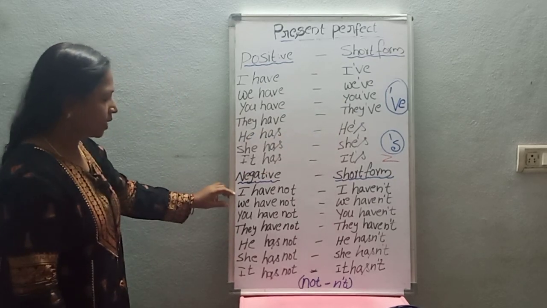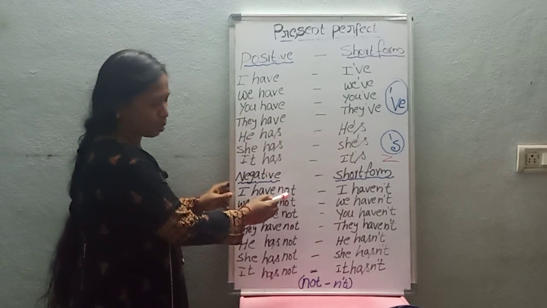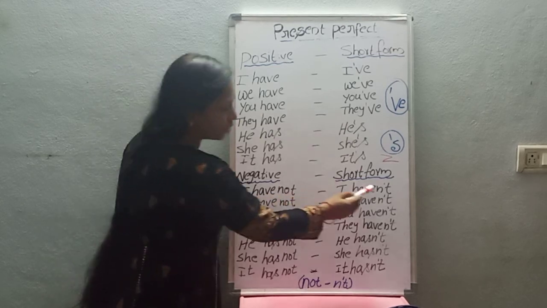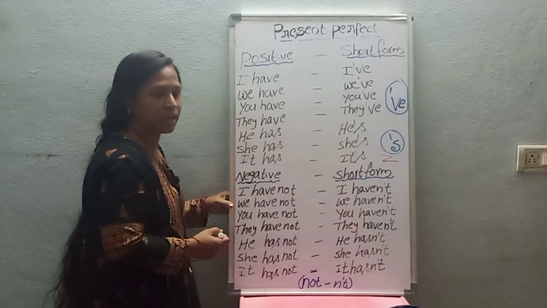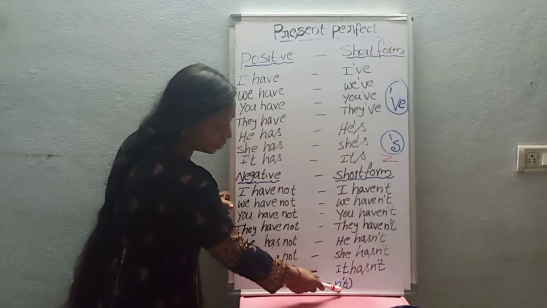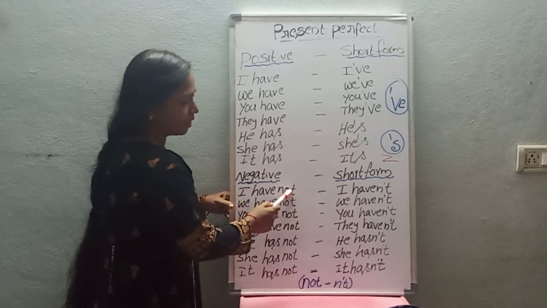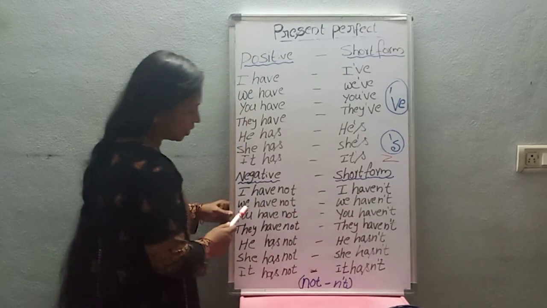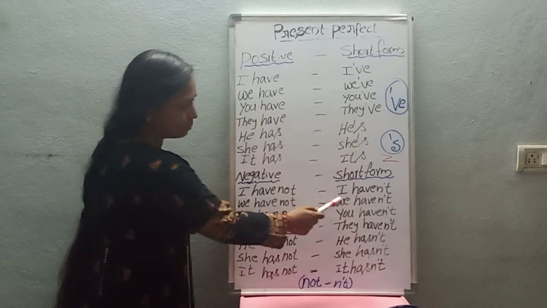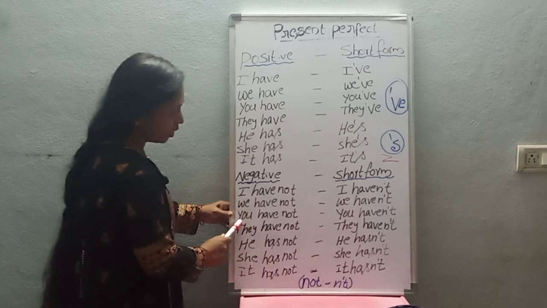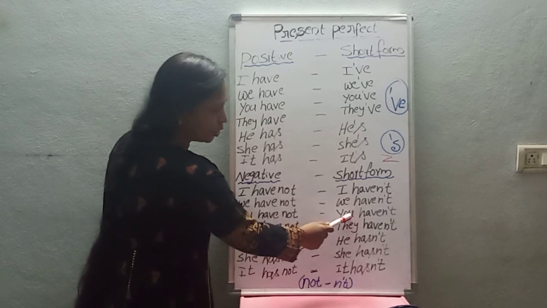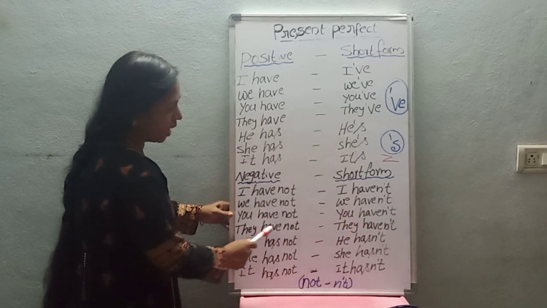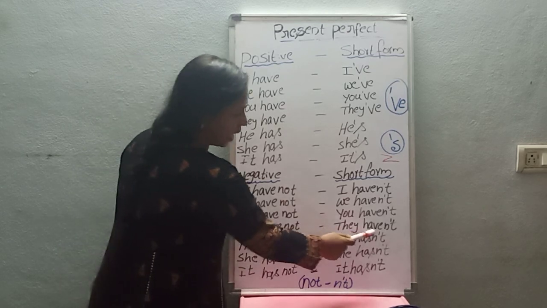So in negative sentences, I have not. Have not changes into haven't. I haven't. So I have not becomes I haven't. We have not becomes we haven't. You have not becomes you haven't. They have not becomes they haven't.